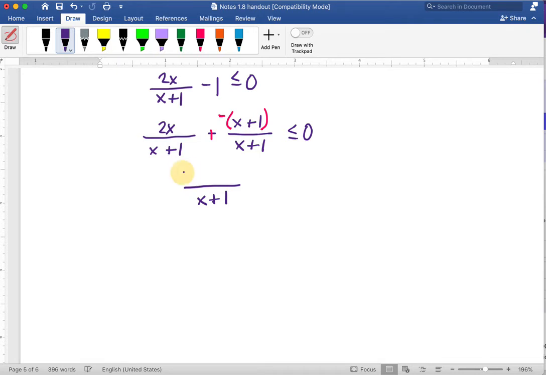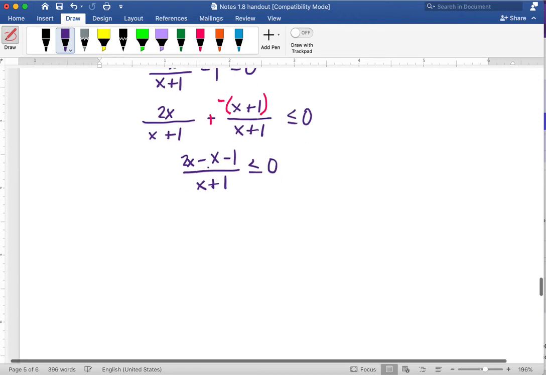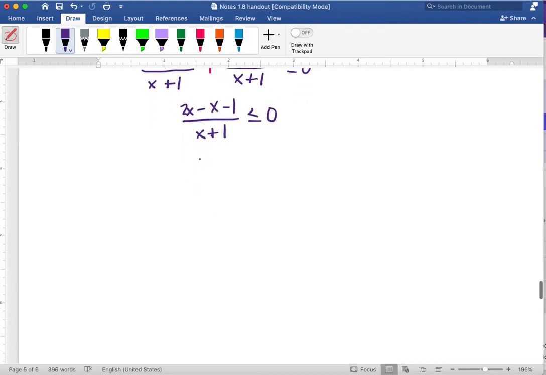And this is going to be 2x, subtract x, subtract 1, less than or equal to 0. And now when I combine like terms, 2x minus 1x is 1x. So this is x minus 1 over x plus 1 less than or equal to 0.